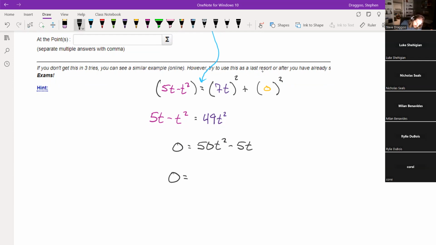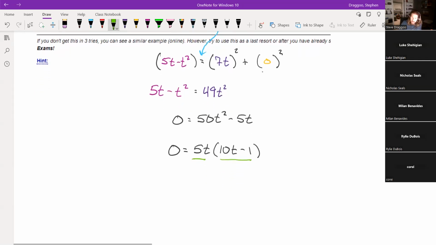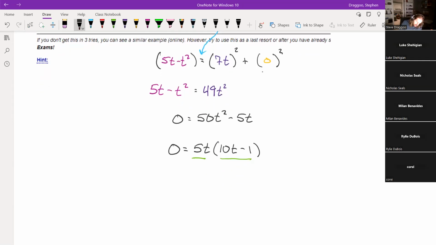I can pull a 5t out of both pieces, leaving me with 10t minus 1. And that creates two possible solutions for t from the zero product principle. Either I get t equals 0, or I get t equals 1 over 10.